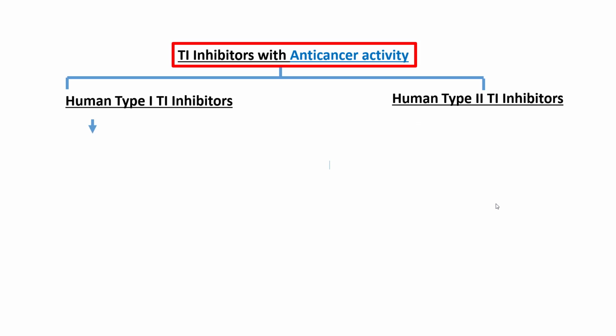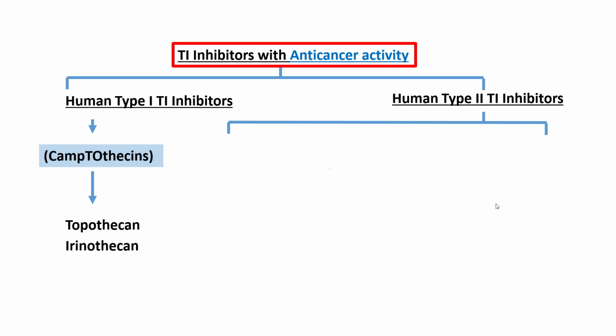Right. The type 1 topoisomerase inhibitors in humans are called the camptothecins, the examples of which include topotecan and irinotecan.